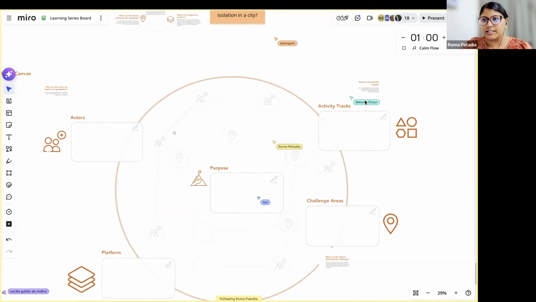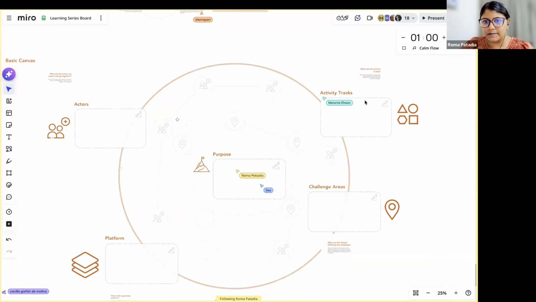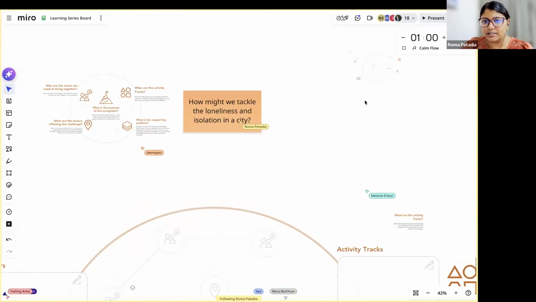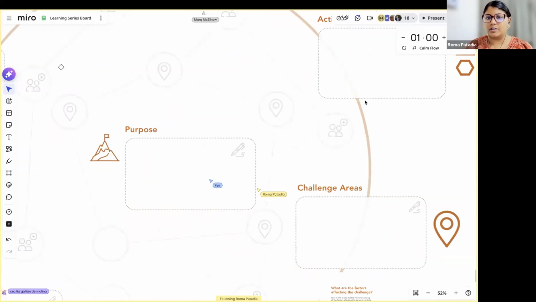So for the first step, we will think about the purpose. So the challenge is, how might we tackle the loneliness and isolation in a city? That is a bigger challenge, and we need to find out what is the purpose of this ecosystem solving this challenge. So we could take 3 minutes to put some stickies here and put your ideas.